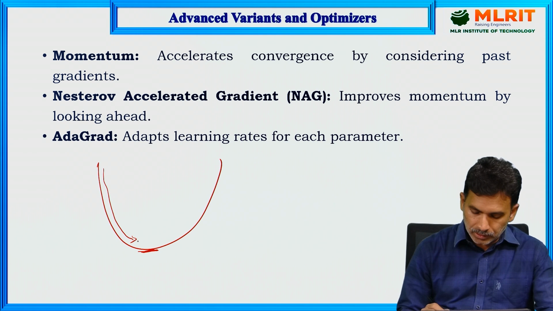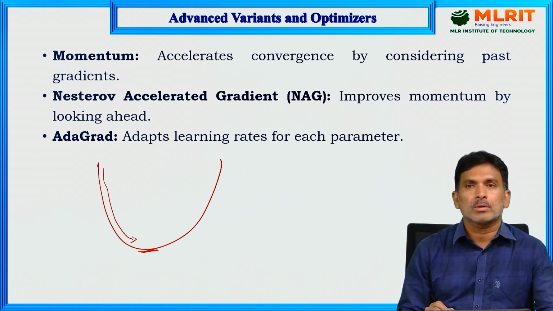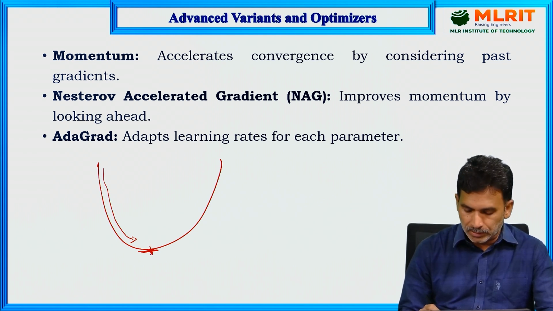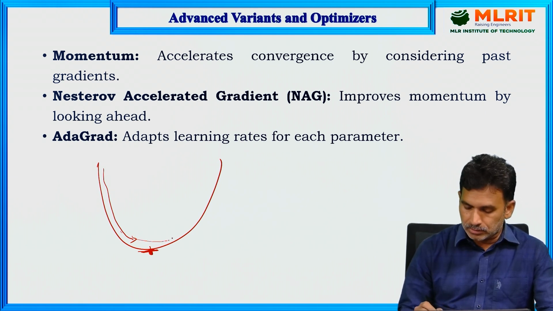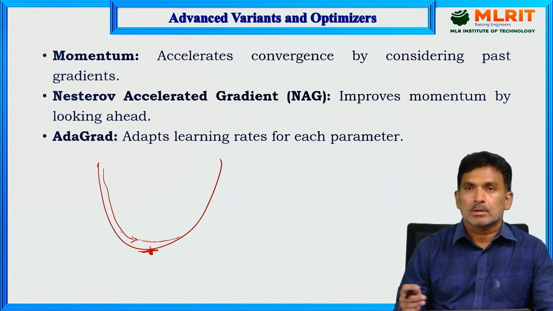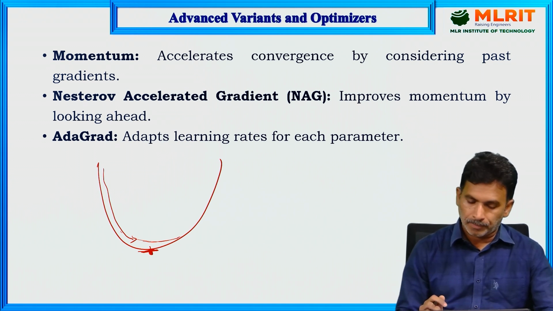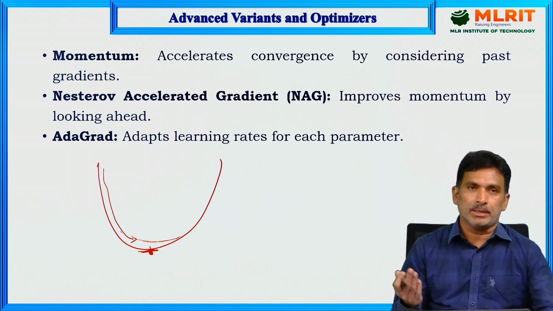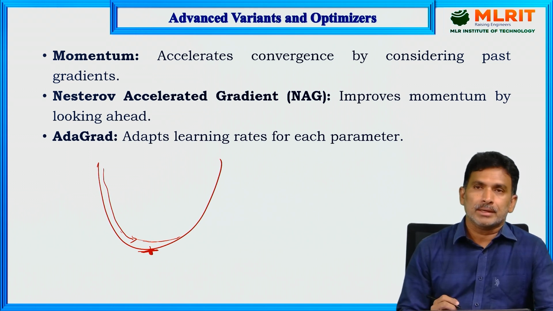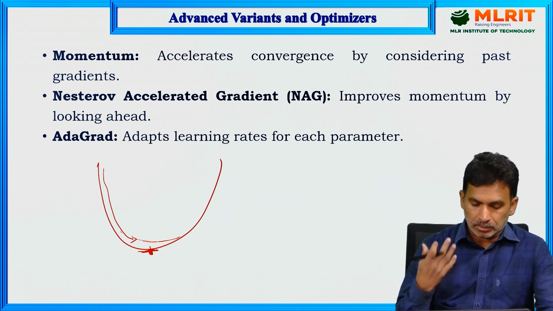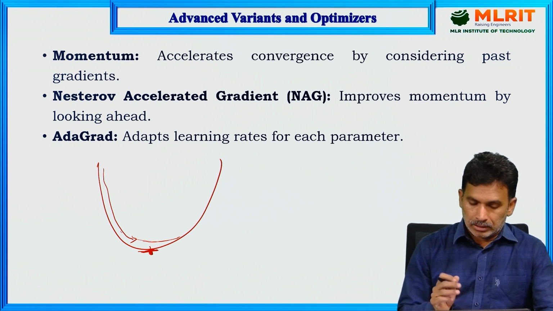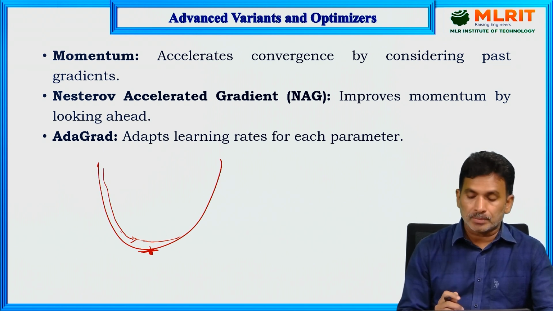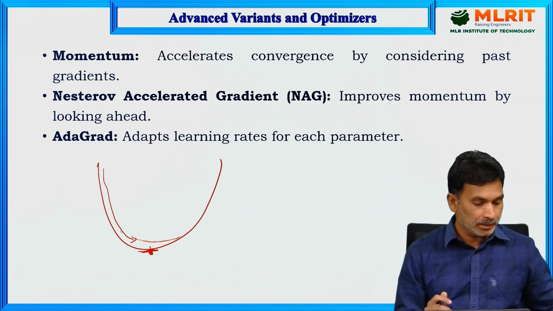If we are not able to control the velocity when approaching the optimal solution, we will skip or jump over it. AdaGrad adapts the learning rates for each parameter, because a constant learning rate is not always the best option. So this gradient descent optimization algorithm adopts different learning rates for each parameter.